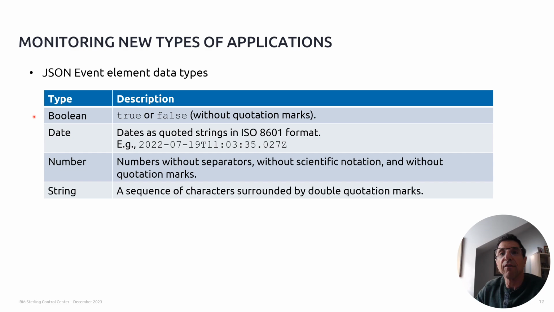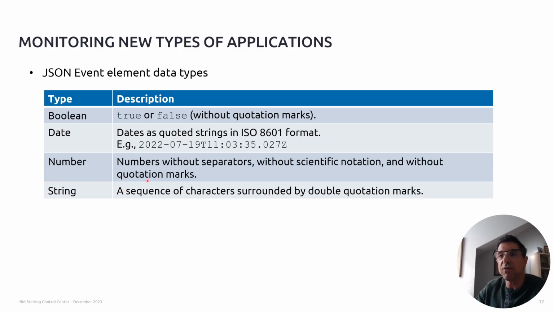And all of these fields have a type. It's one of just 4 different types. Boolean, which has a value of true or false without any quotes. The date, it's a quoted string, and it's of the form year, month, day, time, and it's in UTC-0. So it has to follow this ISO 8601 format.